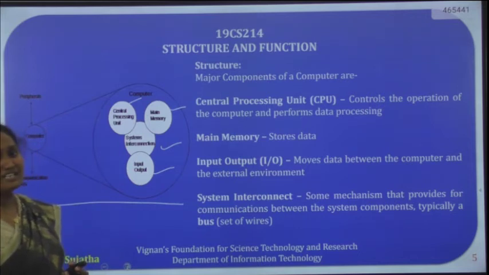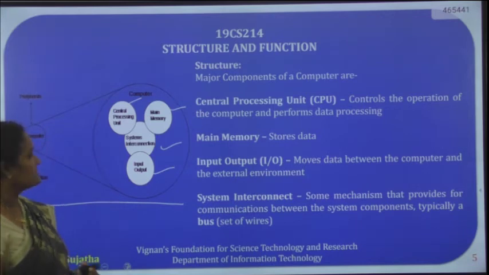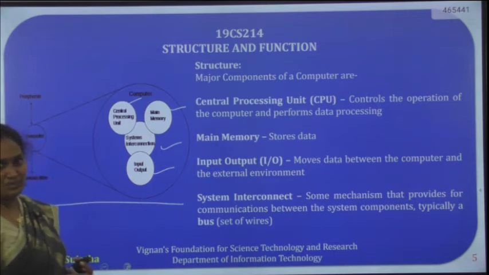Main memory: what is its functionality? It is used to store data and instructions. Input output subsystem: what is its purpose? It moves data between the computer and the external environment.